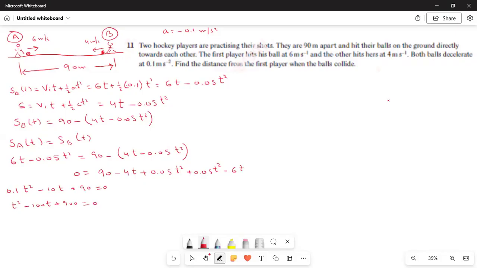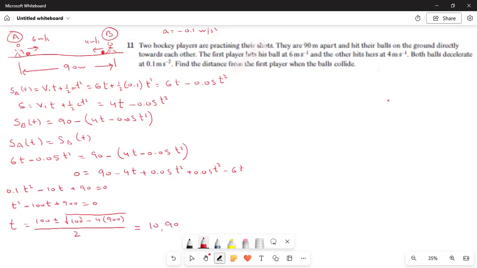Now if I solve with t equal to minus b plus or minus the square root of b squared minus 4ac, divided by 2a, and simplify this expression, it gives me times of 10 and 90.